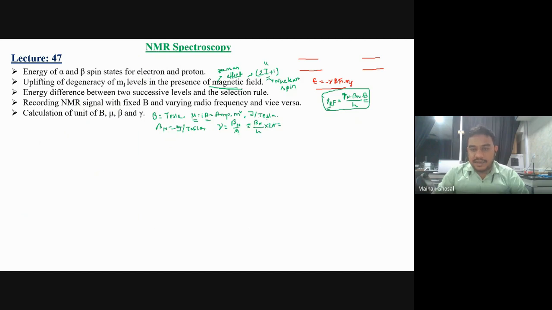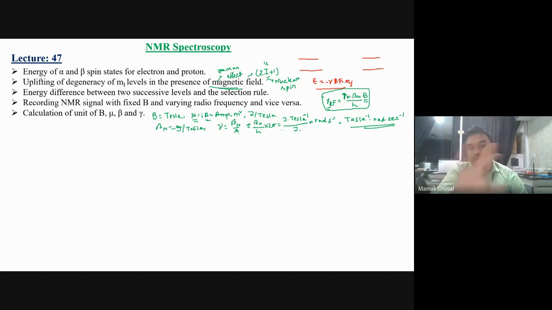The unit of beta n here is joule per Tesla, that is joule Tesla inverse, divided by the unit of h, which is joule into second, with 2 pi in radian. So the joule will cancel out, and the unit will be Tesla inverse radian per second. So this is the unit of gamma.